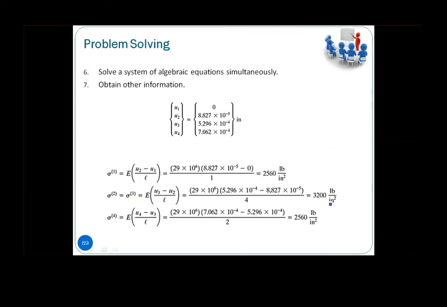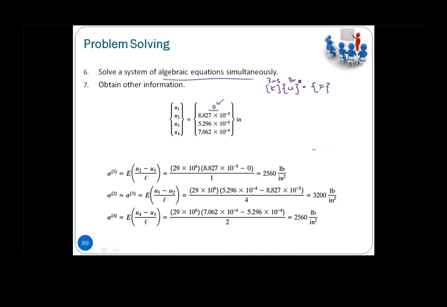So in this case, we solve this algebraic equation simultaneously. We get U1, of course, as 0, fulfilling our boundary condition. Then U2, U3, U4 come from solving the 3 by 3 matrix, K U equals F. This is 3 by 3.